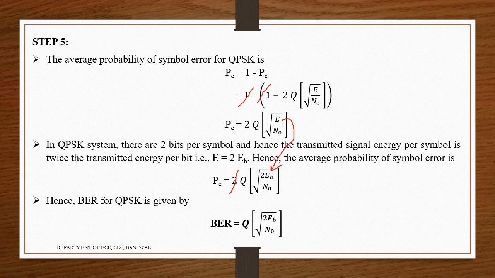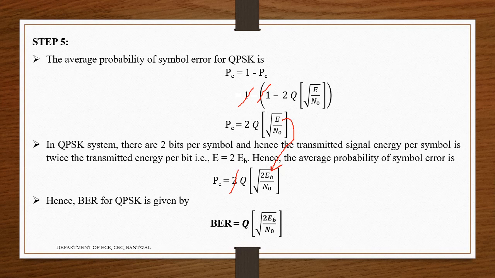In the decision device we use a pair of correlators, one for the in-phase component and another for the quadrature phase component. Then we add, go for the decision, multiplex, and we get the signal. This covers the generation and detection of QPSK.